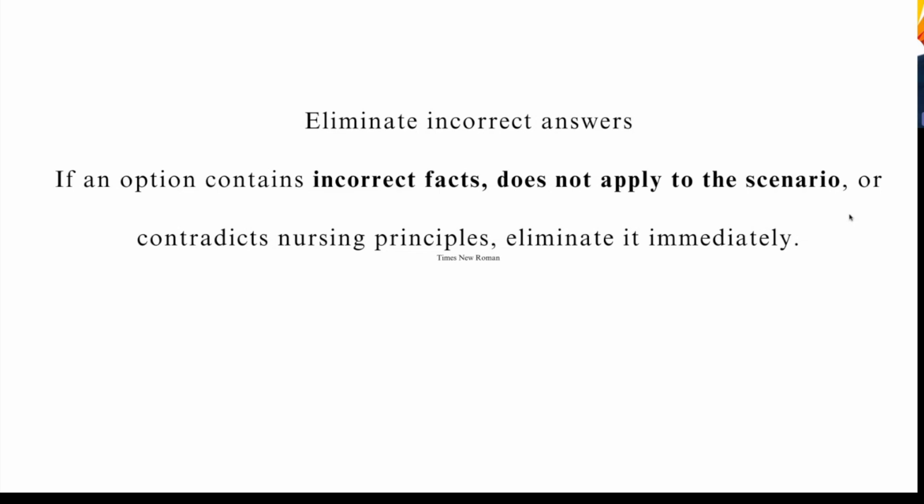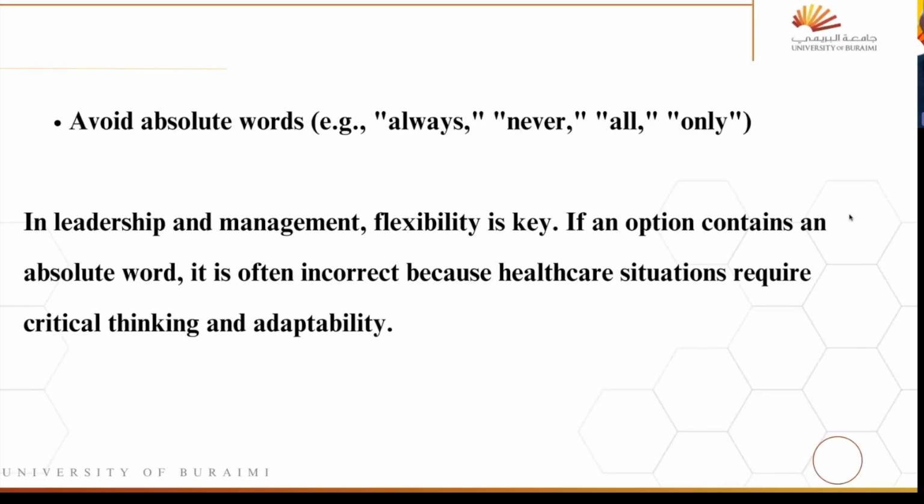Also, there are some distractors within the options that do not apply to the scenario, as we will see. We will give you a scenario and facts not related to the scenario. Or sometimes the questions will contradict nursing principles, so this one will be eliminated directly.